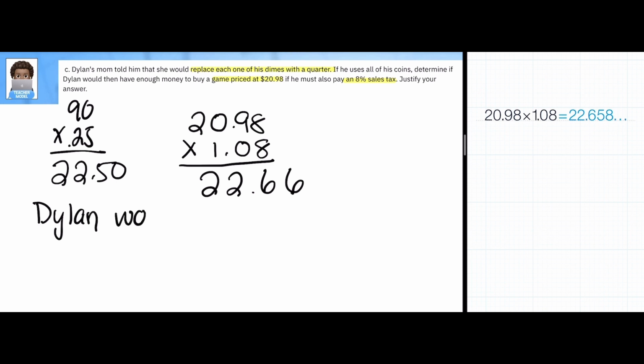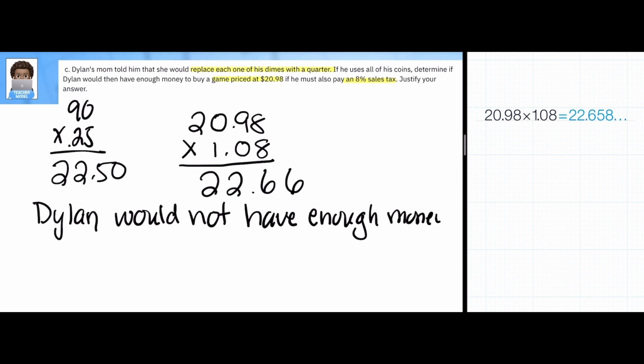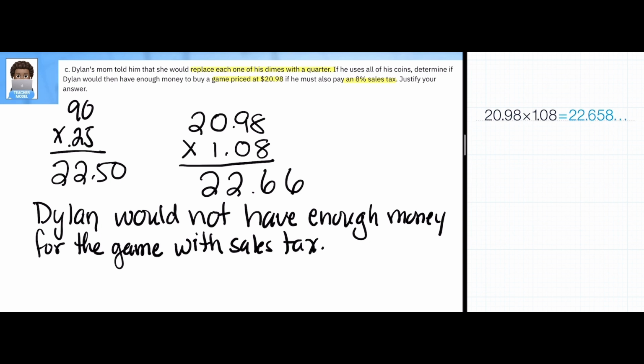Dylan would not have enough money for the game with sales tax.